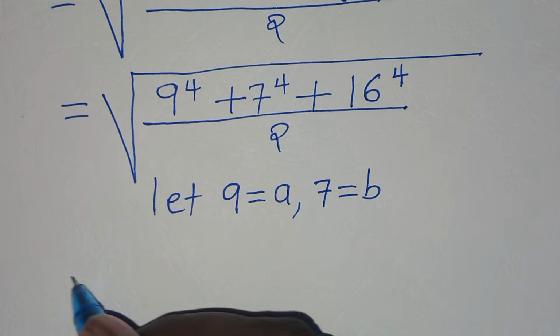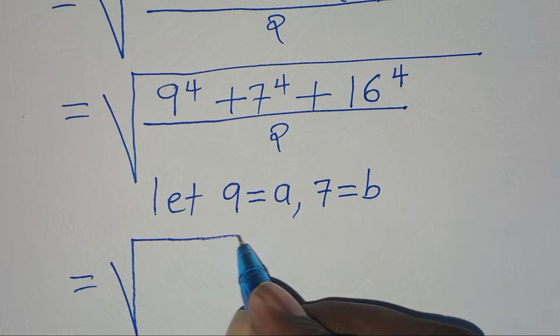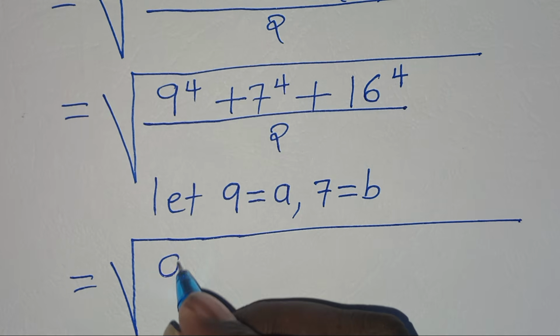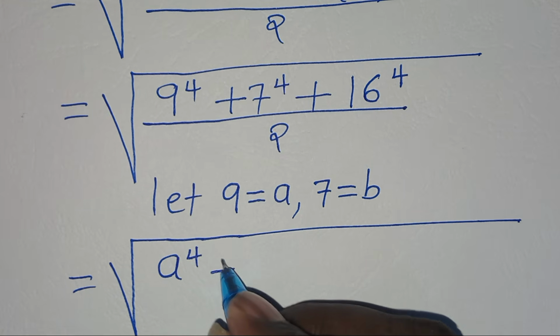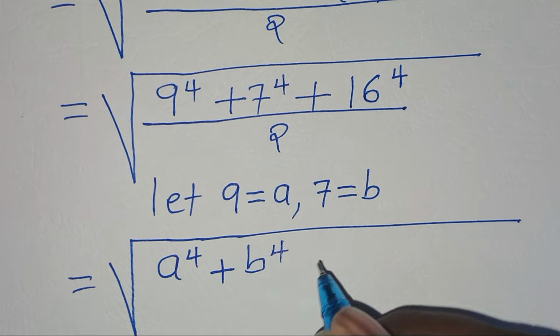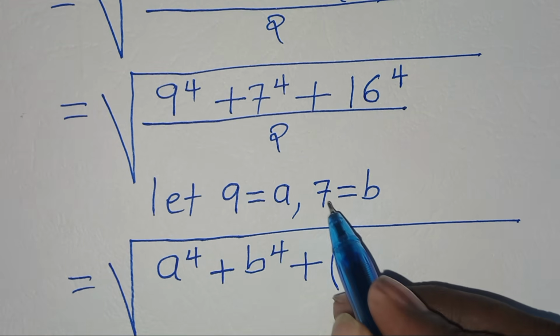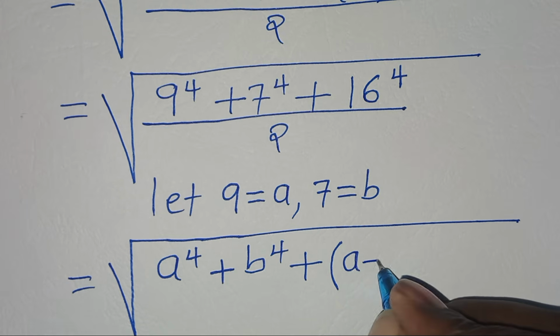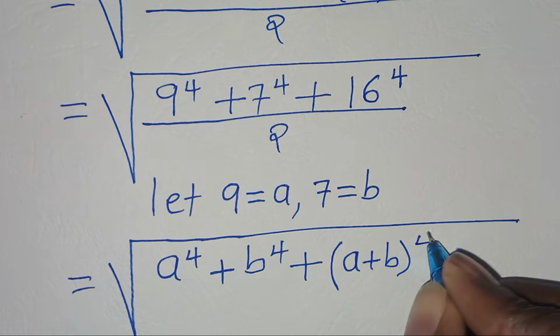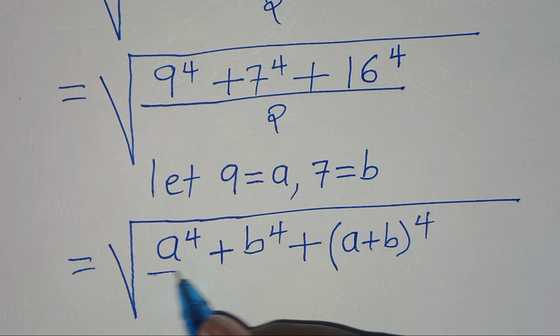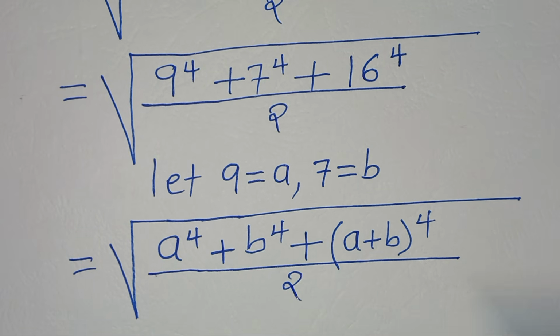So this means that here we have the square root of a to the power of 4 plus b to the power of 4, then plus 16, which is the same thing as 9 plus 7, which is the same thing as a plus b, then raised to the power of 4, everything here divided by 2.